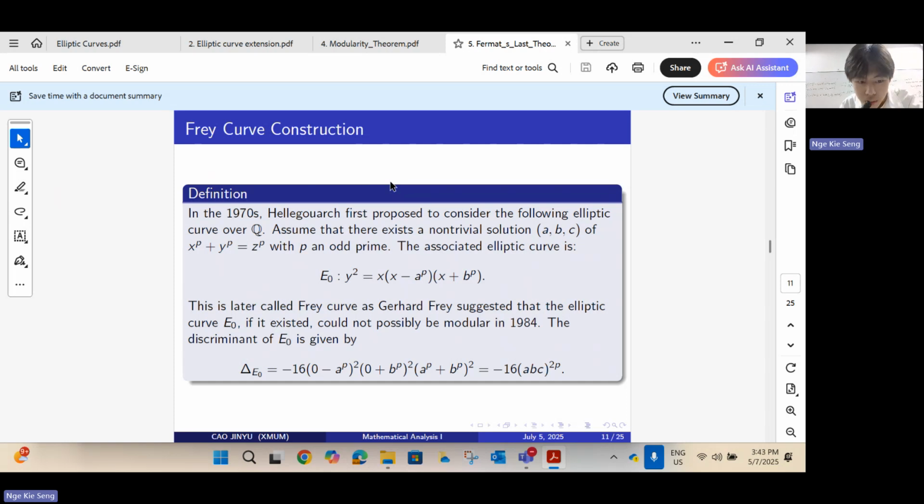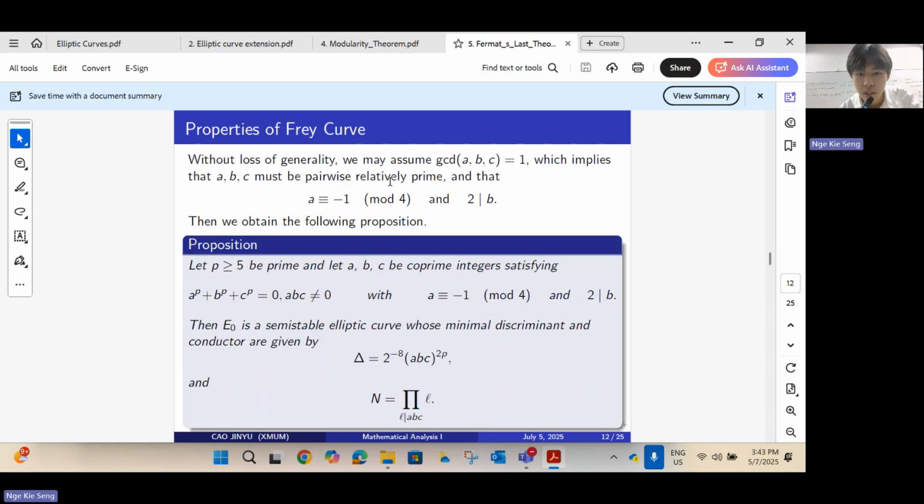Actually, they are the same. Next, without loss of generality, we use the first one to define the Frey curve, and we assume a, b, c are pairwise coprime. This implies that a is congruent to -1 modulo 4 and b is an even number.